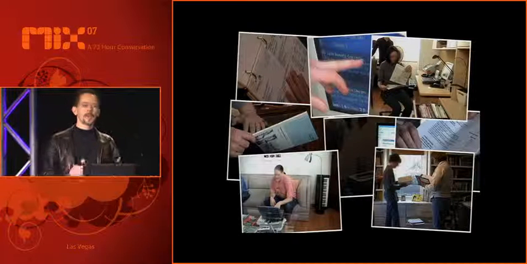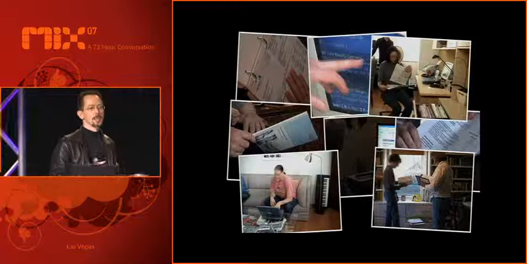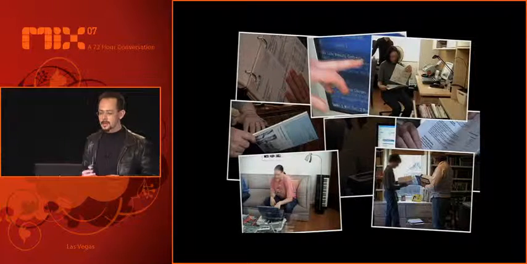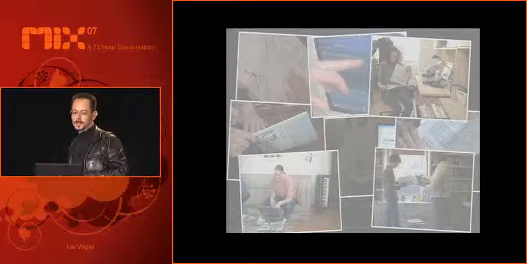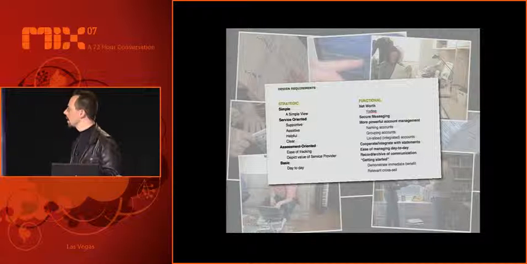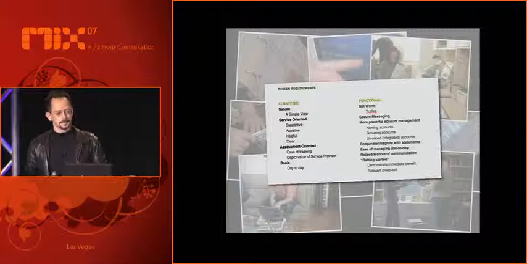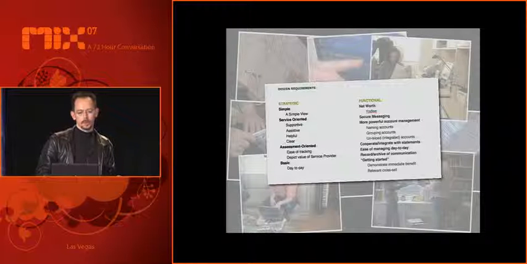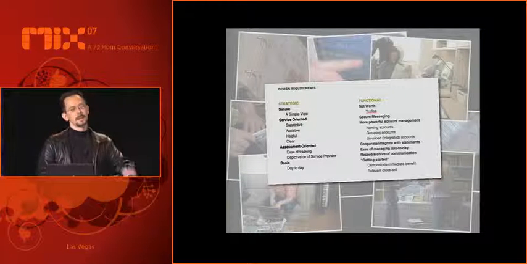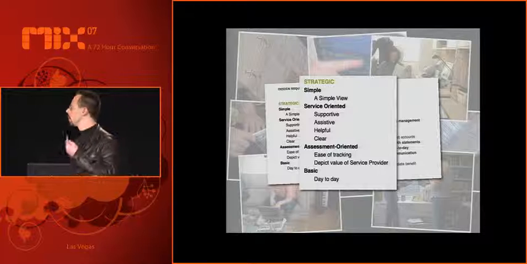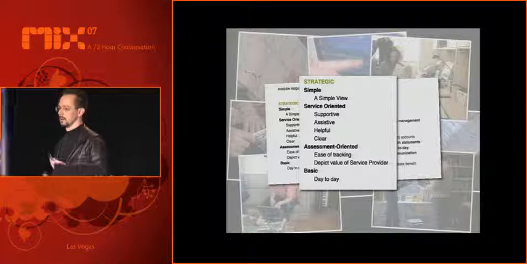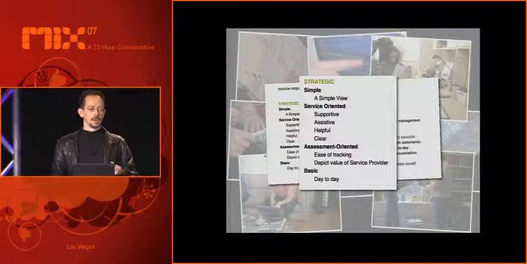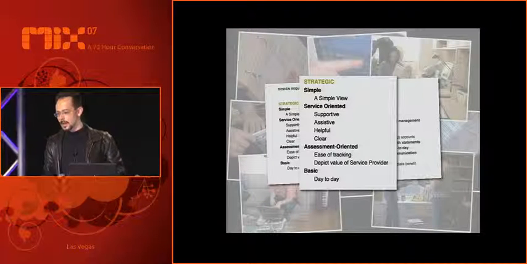So out of this experience, going out and sitting with people as they talked us through the process of managing their finances, we identified some high-level design requirements. And it became more and more apparent that there were really these common themes that kept coming up over and over again about what people really needed a product to be in order to use it successfully.